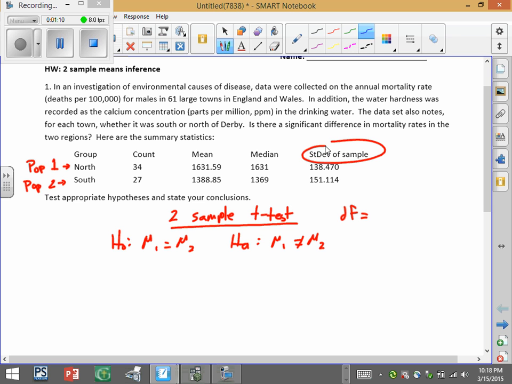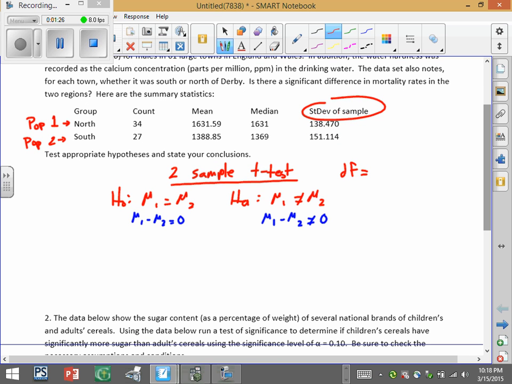So the trick for us here, if we move mu2 to one side, in other words, if there is no difference when we subtract those two population averages, they should be equal. If there is a significant difference, when I subtract those two, something should not equal 0. It's going to be a t value. I can go ahead and start filling this in. 1631.59 minus 1388.85.